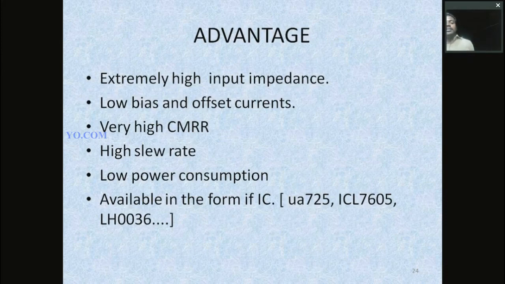What is slew rate? We will see more in the next class. It is how fast the instrumentation amplifier changes its output when the input changes.